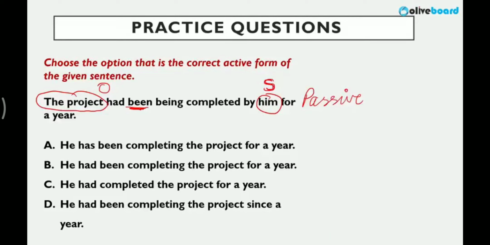Guys, please understand, this might be a little tricky one to convert into the active voice. Subject plus "had been" plus third form, right? This is past perfect continuous tense.